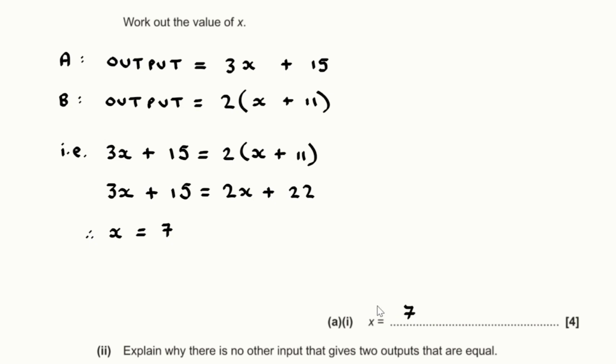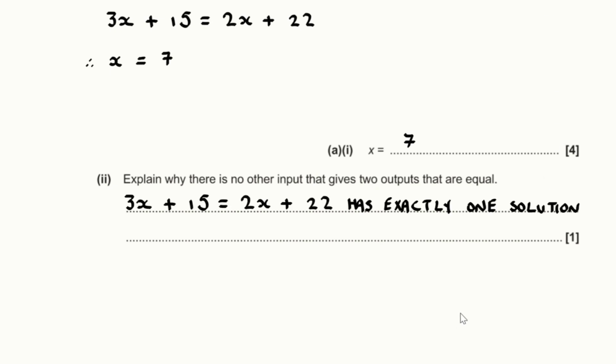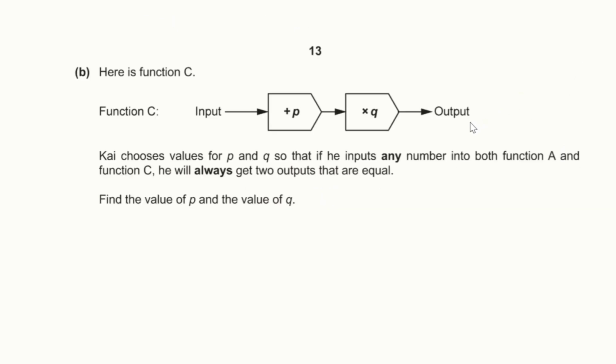So the input is 7. And next we have to explain why there is no other output that gives two inputs that are equal. Quite simply, the equation we described has exactly one solution.